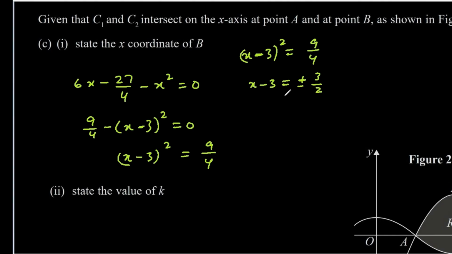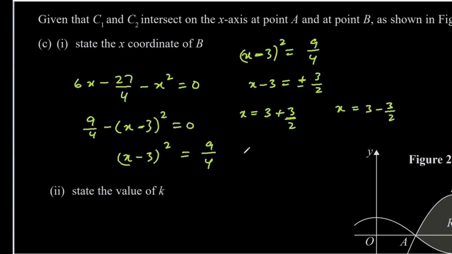So in the first part, we can have x equal to 3 plus 3 over 2. And in the second part, we can have x equals 3 minus 3 over 2.